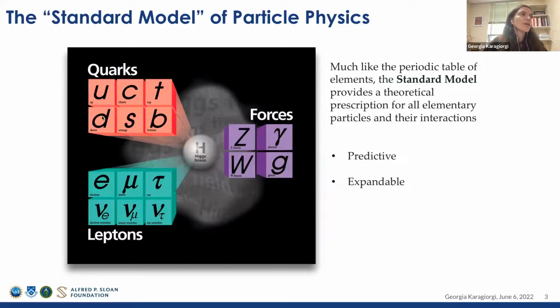And so we have the quarks and leptons, which make up the basic constituents of all visible matter around us, as well as these mediator particles or force carriers, the particles that allow these particles to interact with each other through either electromagnetic or strong or weak interactions. And there's an additional particle, the Higgs, which interacts with all of the elementary particles which carry mass, and it's responsible for ascribing these particles their masses.